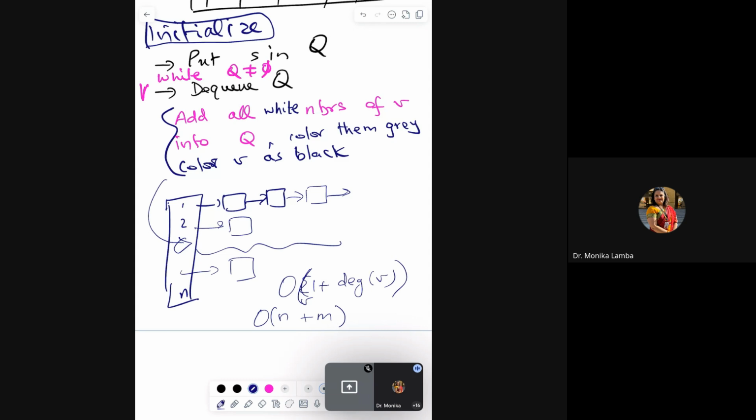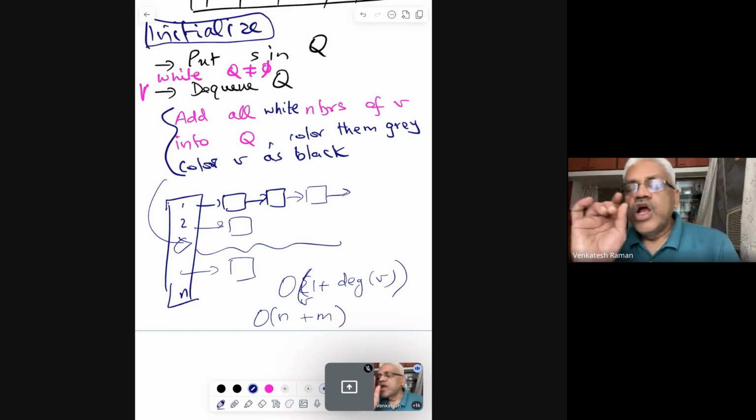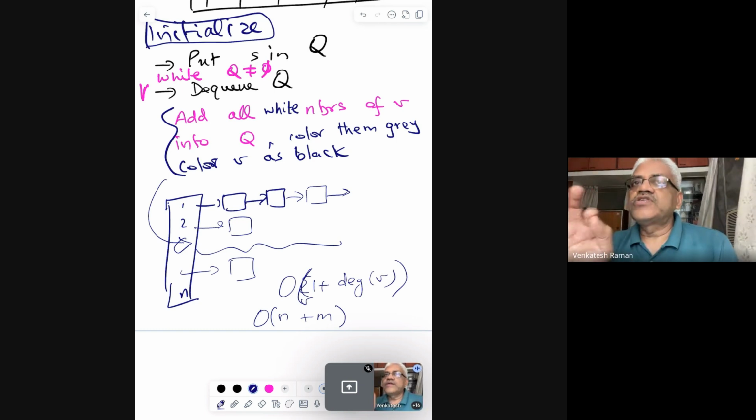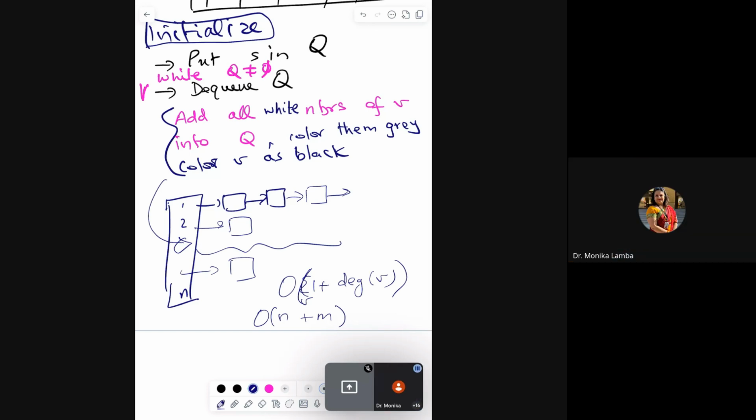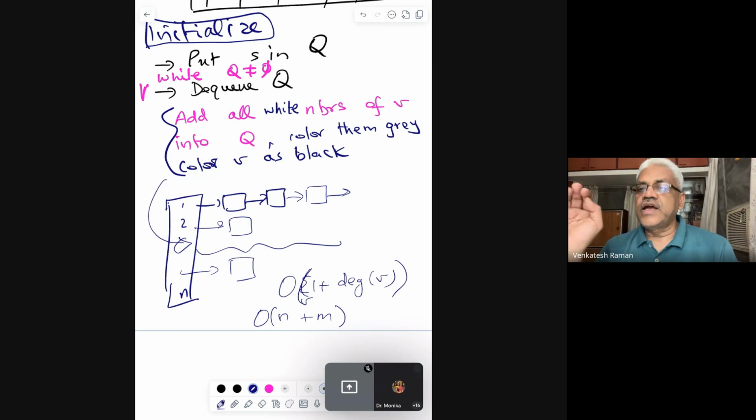But in case of a matrix, to explore the neighbors, we have to explore every row. How much time will it take? It will take n square time, because we have n vertices. Wait. To explore all the neighbors of one vertex, how much time will it take in an adjacency matrix? n. Good. Is that clear to everybody?